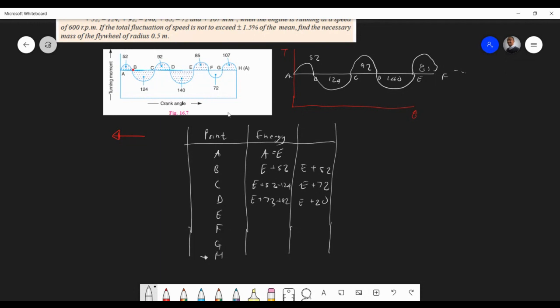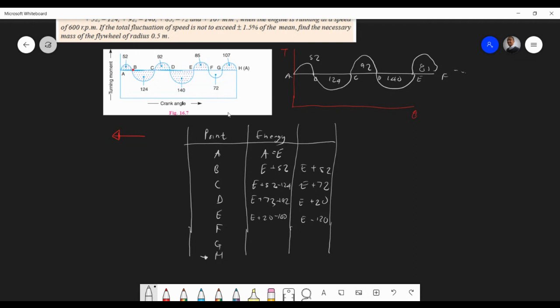Then at E, we have a minus 140. Obviously, that becomes E minus 120. So our maximum positive thus far is this guy, and our maximum negative is this guy.